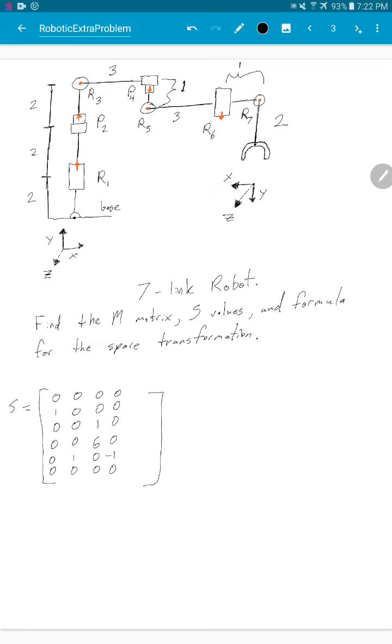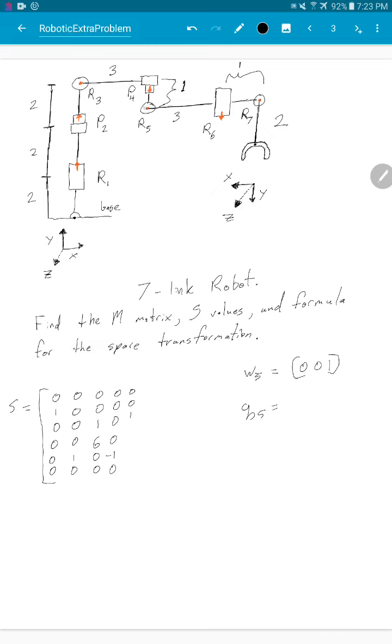Okay, so then the fifth one is in the positive z direction again. Okay, so then you have W5 is equal to 0, 0, 1, and then Q5 is equal to, okay, so this one's a bit harder.